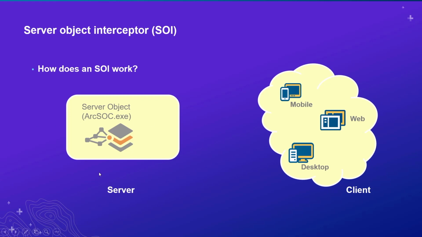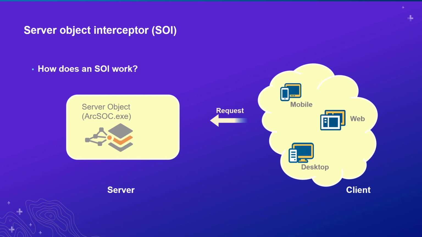This service can have multiple service instances running, and each service instance is powered by a server object running as an arcsoc.exe process. In terms of the client side, the client applications that are used to consume this map service can be of different types, such as a mobile app, a JavaScript web application, or even a desktop application.